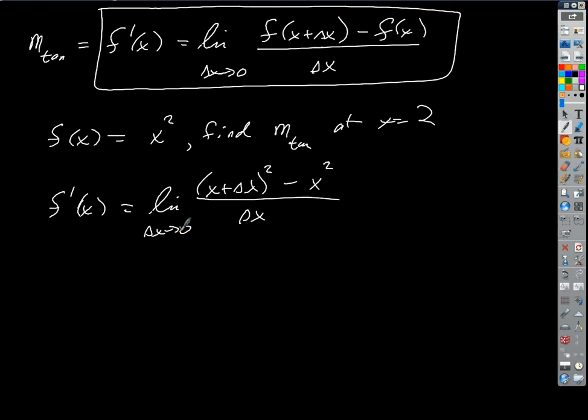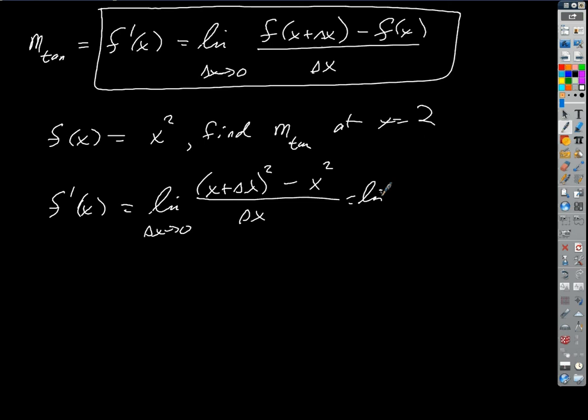So what's the more work look like here? What do you think I'm going to do? Okay, I'm going to expand out the top, right? I'm going to have to simplify this, and then eventually I'm going to have to do some factoring and cancel, right?